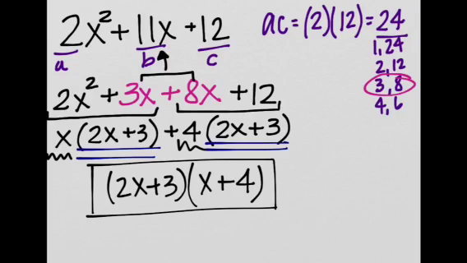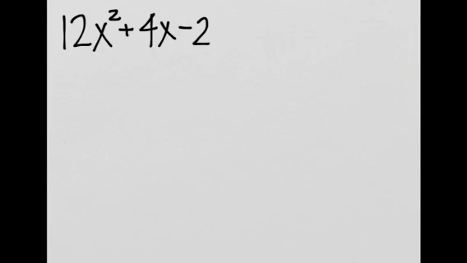From there, you group the first 2 terms together and the last 2 terms together, and we factor by grouping. In doing so, we end up with 2x plus 3 times x plus 4. Okay, so don't worry, we're going to do a couple more examples. Let's take a look at the next one.